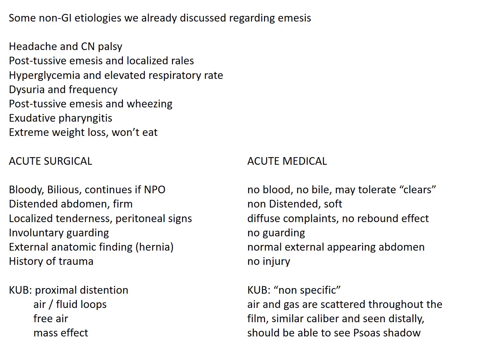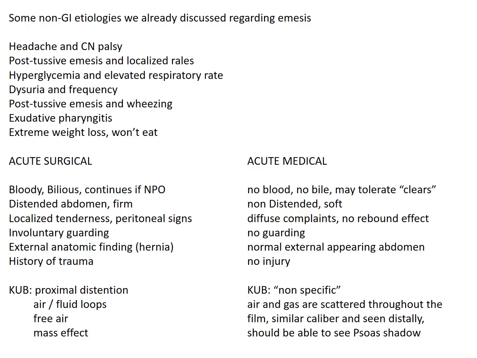And then how can you characterize an acute surgical abdomen versus a medical cause of vomiting? So think about this person who's throwing up blood or bile, the person who continues to vomit despite being NPO, the individual with the distended firm abdomen, localizing tenderness or peritoneal signs, involuntary guarding.